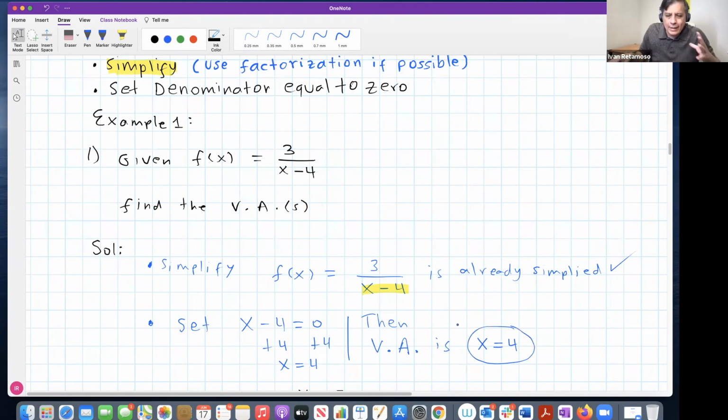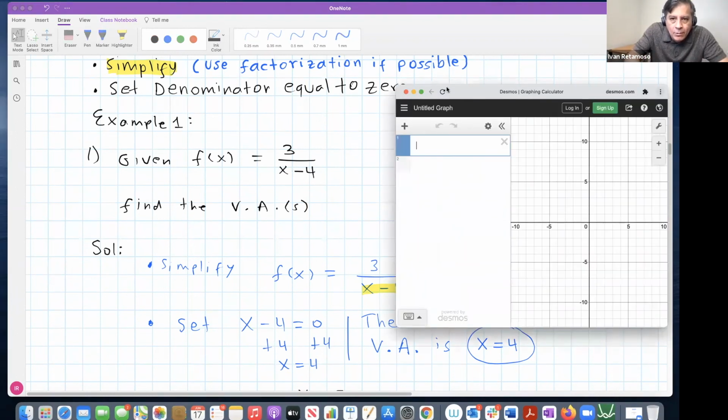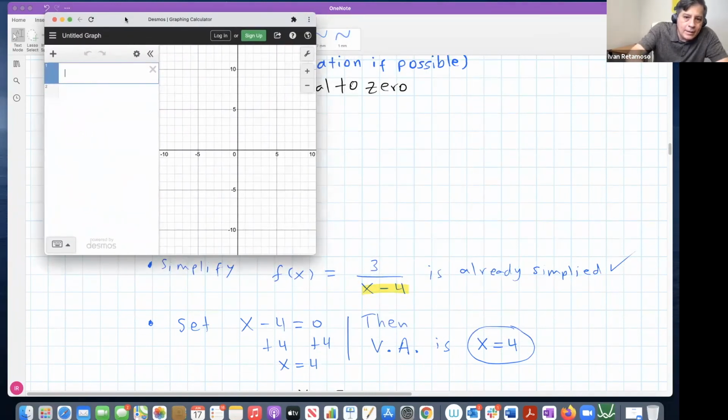Now, Professor, can I visualize this? Can I really see that this is the vertical asymptote for this function? Yes, guys. Use your graphing tool. Let's see if indeed that is the vertical asymptote. I'm going to graph f of x equal 3 over x minus 4.